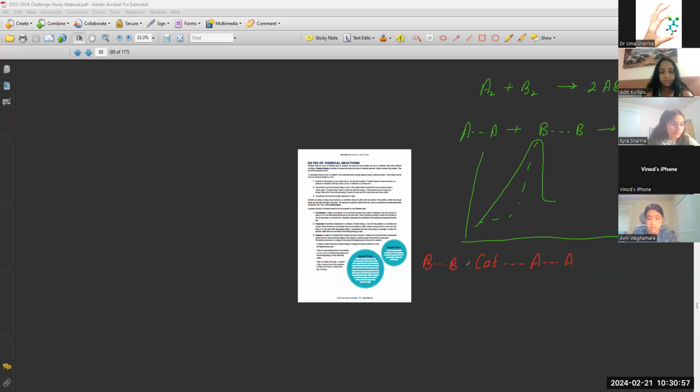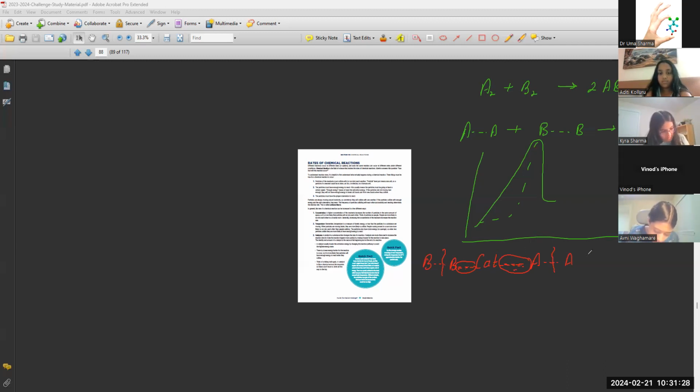Making new interactions, new attractions, is exo. This energy is then used to break these interactions, which is endo. It's like give and take. So the catalyst is making new attractions, energy released. That energy is used in breaking the attractions of A2 and B2.